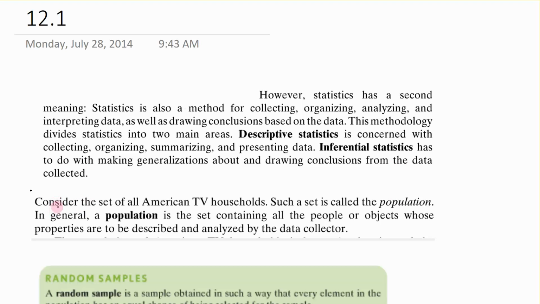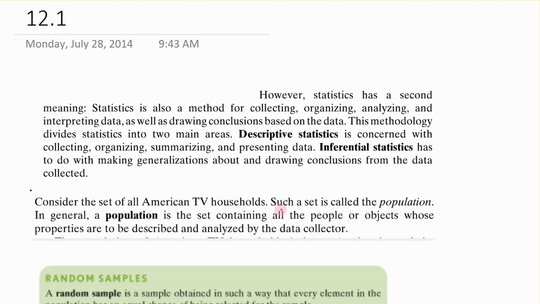And here's the statement that says, consider the set, which is like a collection, of all American TV households. That's all the households that have a TV. Such a set is called a population. In general, a population is the set containing all people or objects whose properties are described and analyzed by the data collector.